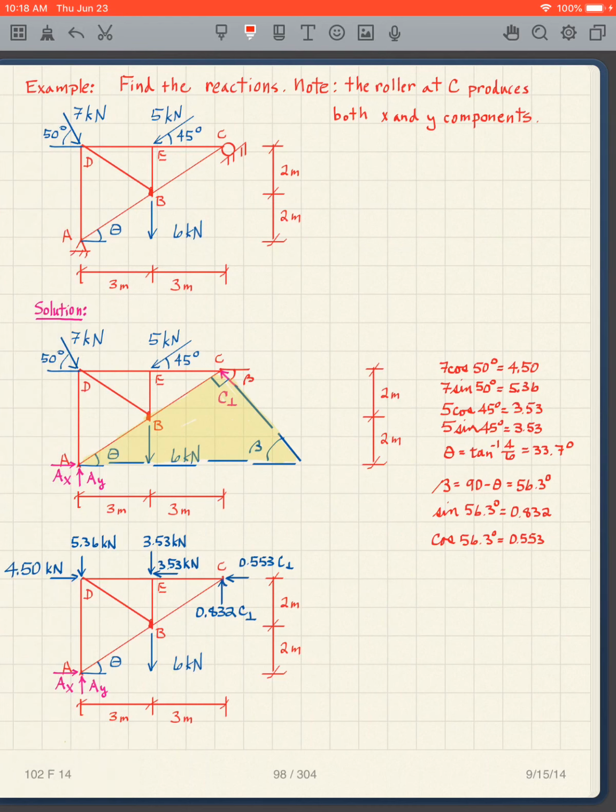Okay, here's a case where the roller is neither in the X or Y direction. So how do we handle that? I have a pin here, and now I have a roller there, but that roller is at an angle.